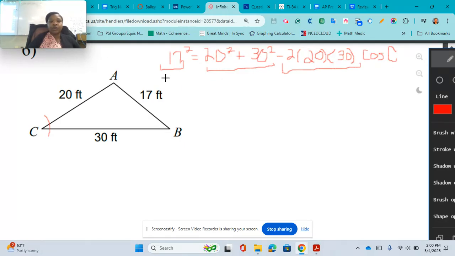17 squared, we have 289, equal 20 squared plus 30 squared was 1,300.